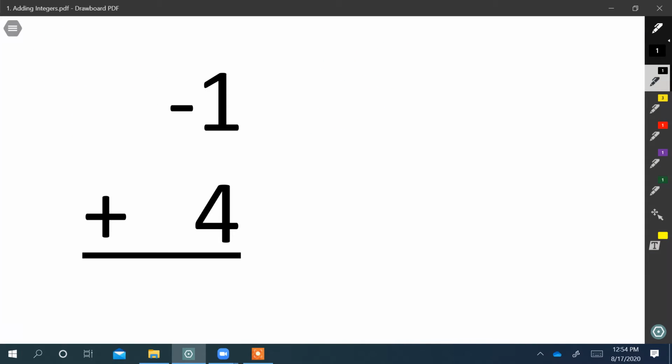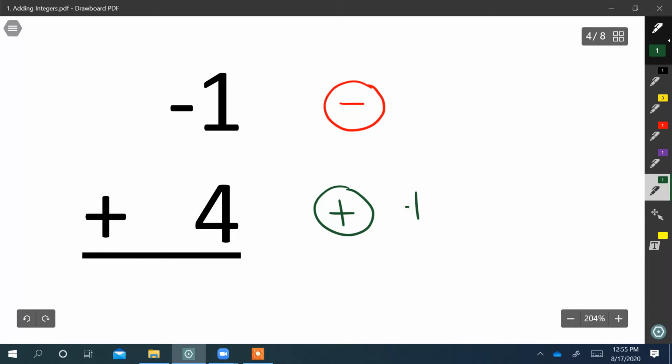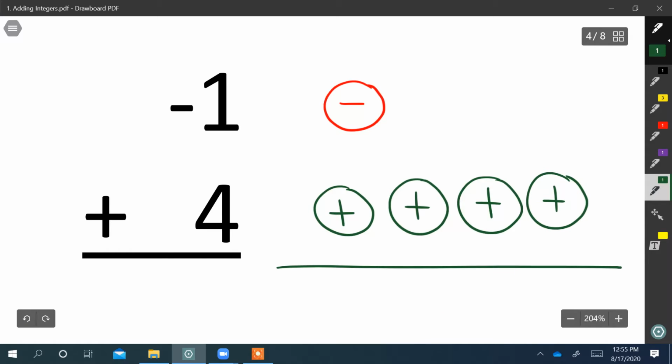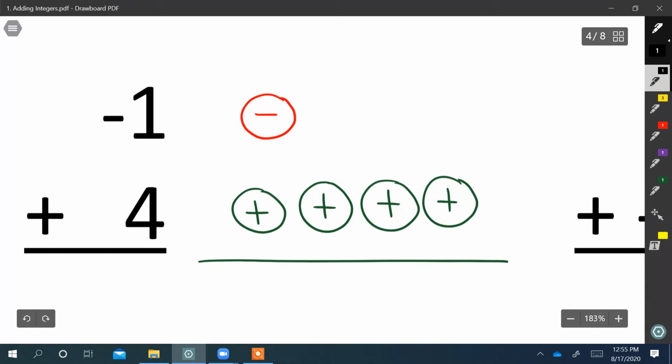In here, I'm going to represent that -1 as a negative, and this one with 4 positives. Here's the difference with this problem and the other ones we did previously. What's going to happen when you have a negative and a positive?